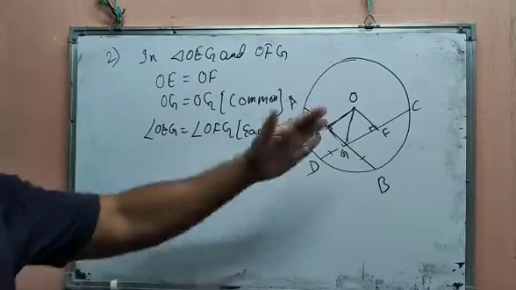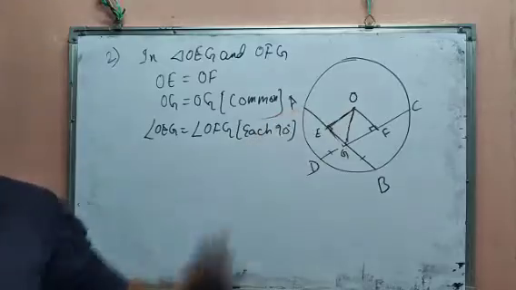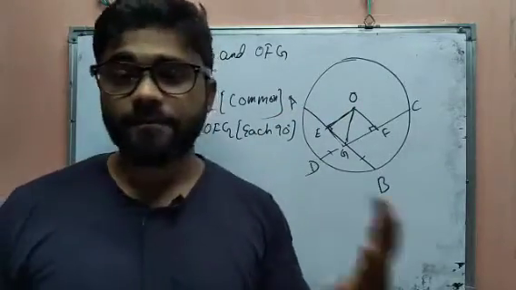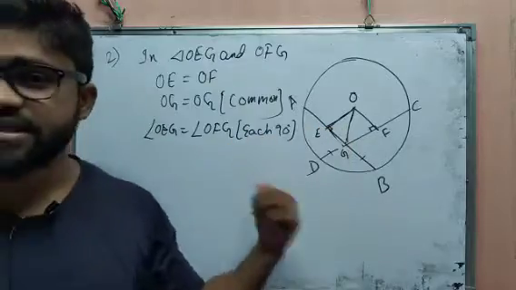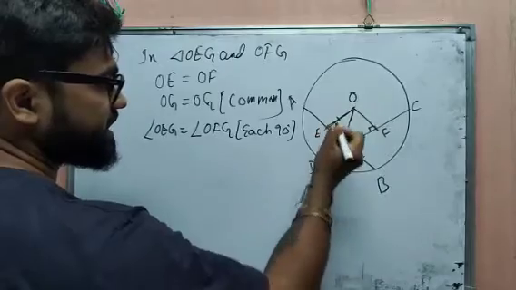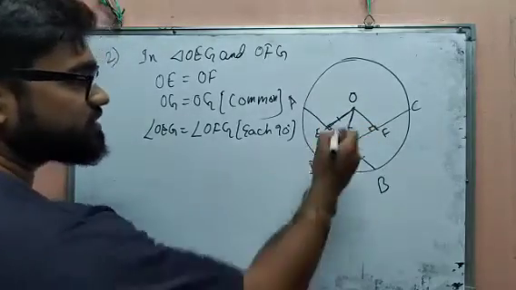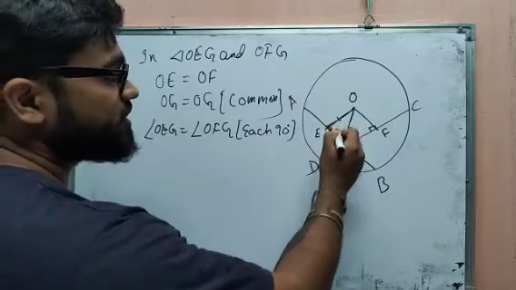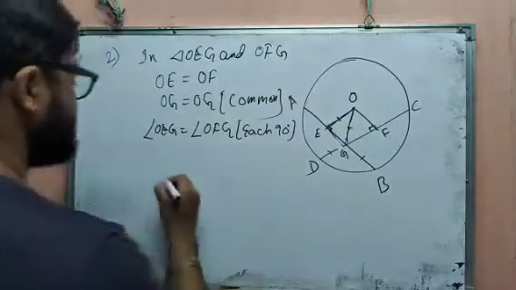Why? Because we have drawn these two perpendicular, so each angle is a right angle. This is common, so by the condition of RHS, right angle hypotenuse side.